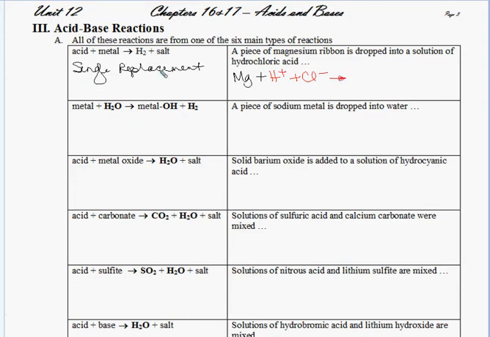Again, it's a single replacement reaction. So if you remember, the whole goal would be to take your two similar type ions, in this case positive type ions, and replace each other. That therefore means that we're going to end up with magnesium turning into an ion.